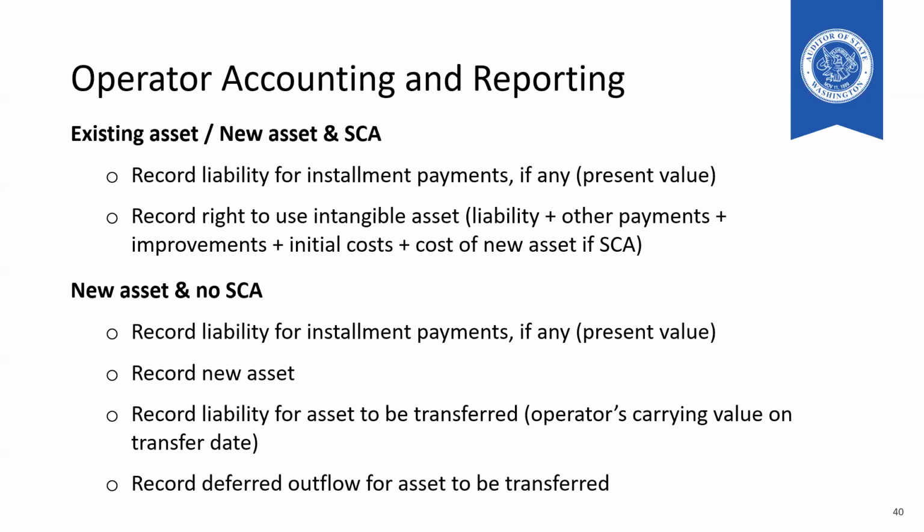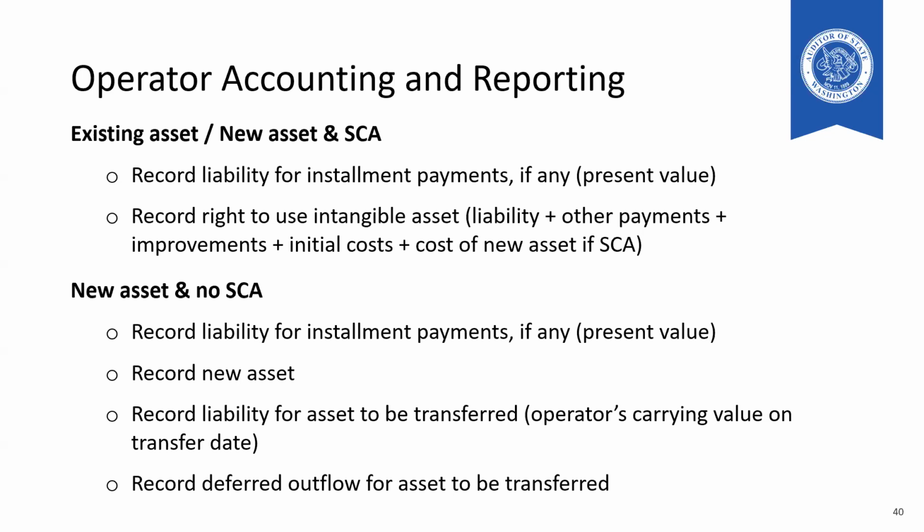In the third scenario, if the operator is buying or building a new asset and the arrangement does not meet the definition of a service concession arrangement, this time we will still record a liability for installment payments. But what's different is the operator will recognize a capital asset for that new asset that they purchased or built.